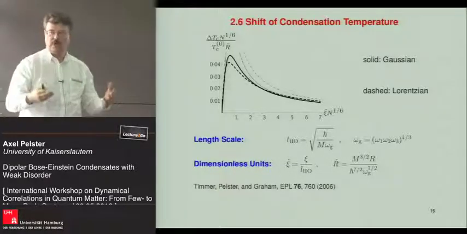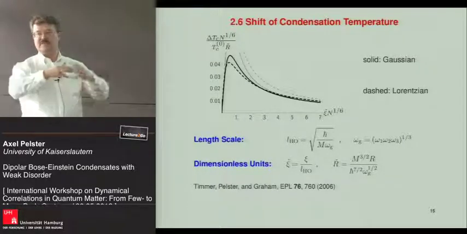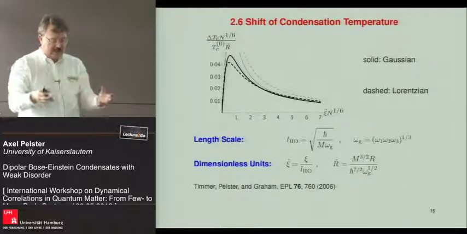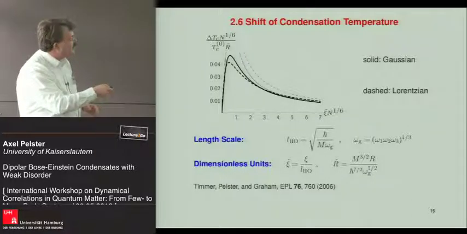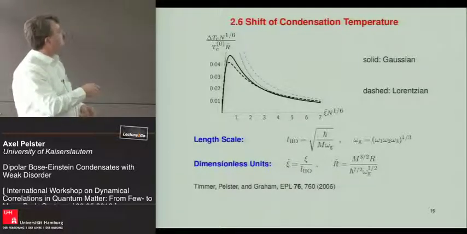So disorder has on the average always some attractive feature, which means in the trap effectively the particles go, so to speak, to the center if the effective correlation length is small enough, so the density increases and therefore the critical temperature increases.